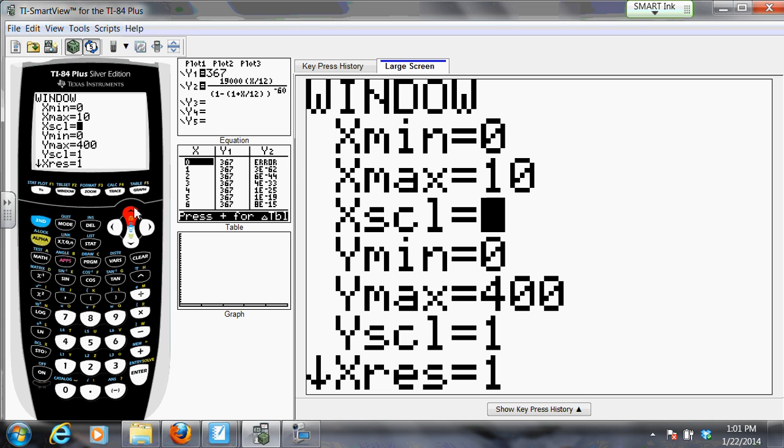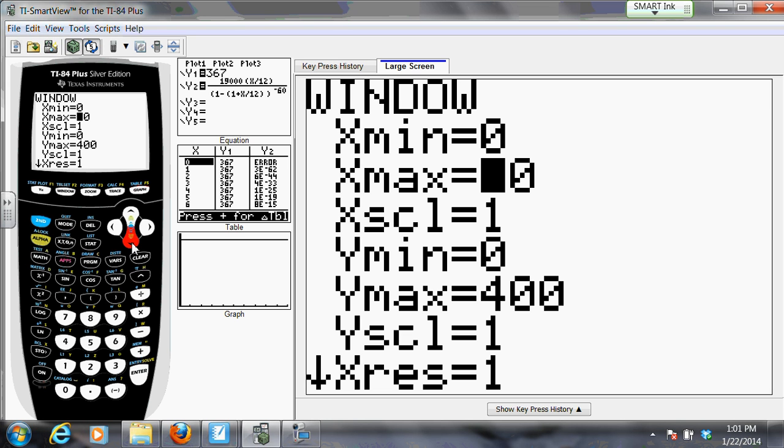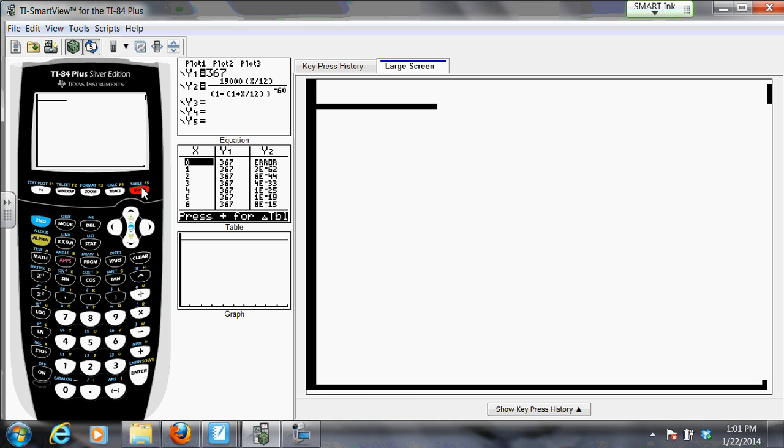X scales by ones. Graph. Okay, I think we just need to make our window smaller for x's. Make this 1.